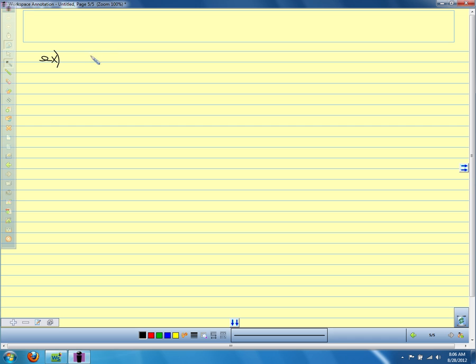So we're going to revolve y equals 2 square root of x about the x-axis, and we want the area of the surface of revolution between x equals 4 and 8.